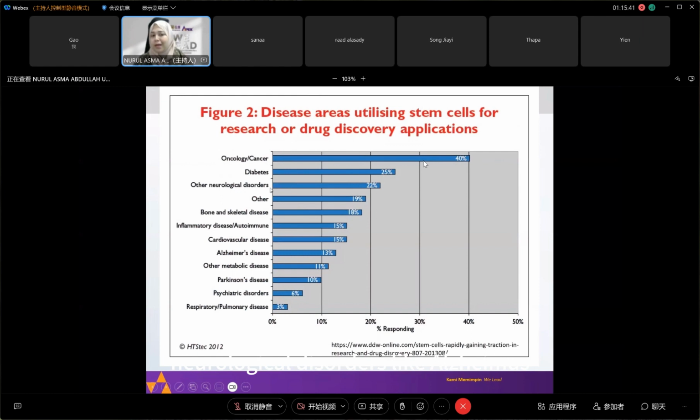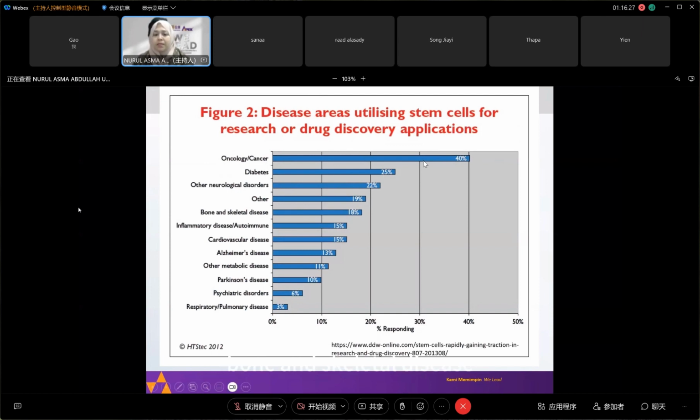Neurological disorders like Alzheimer's and Parkinson's, they are also considering using stem cells as a cell therapy to help regenerate new bones and new brain cells, especially in Parkinson's. Because we know that Parkinson's patients are losing their sensory ability, and Alzheimer's patients are losing their ability to memorize and remember. So they opt for stem cell therapy.